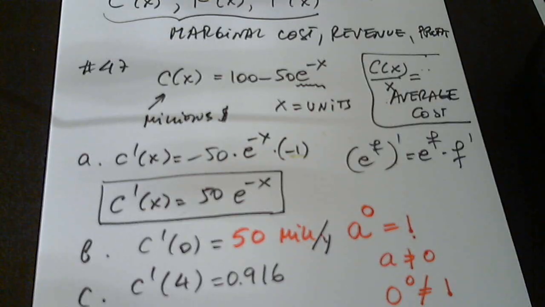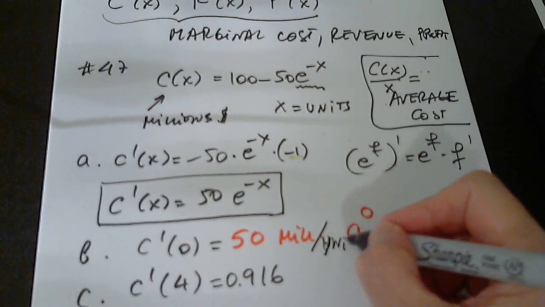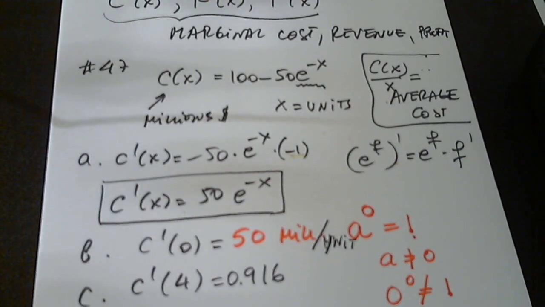Okay, so C prime has to be the measurement unit of C over the measurement unit of X. There is no other possibility. So the rate of change is the measurement unit of C, which is in millions, over the number of units, per unit, not per year. There is no discussion, we're not talking about years here.